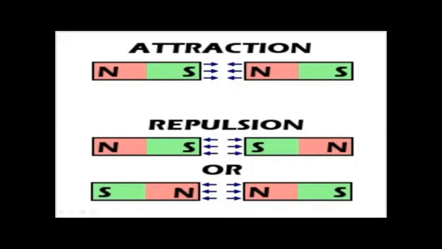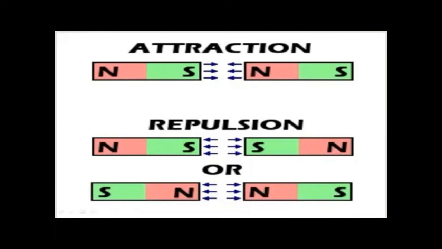Okay. So students, what do poles that are the same do? If the poles are the same, they repel. So students, here are some rules about attraction and repulsion. When two opposite magnetic poles are close, they can attract each other.